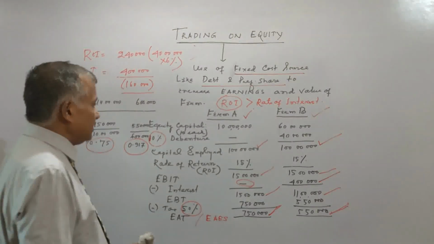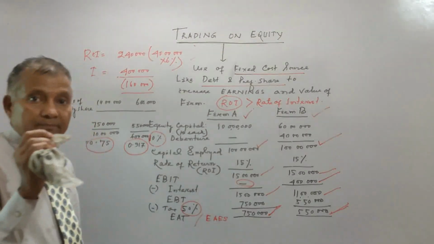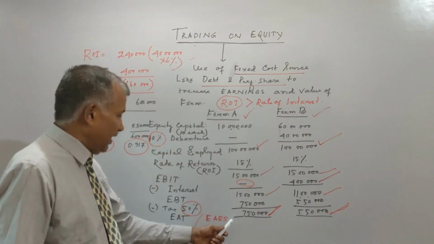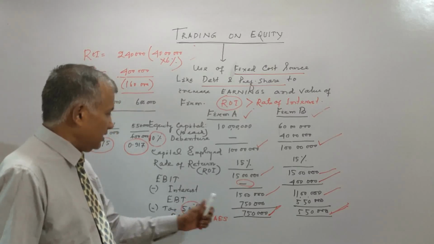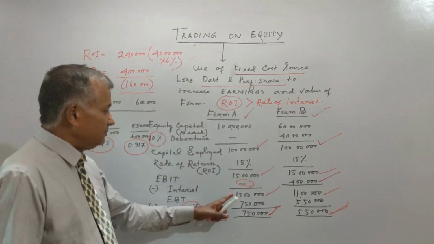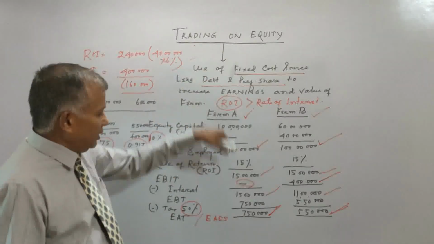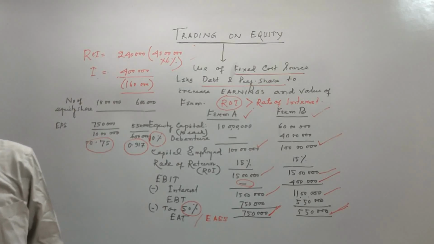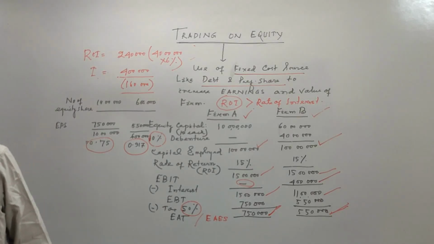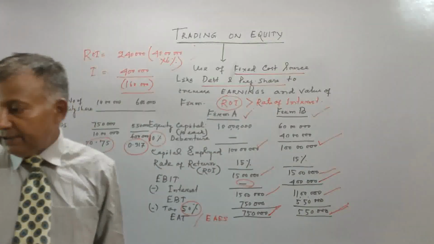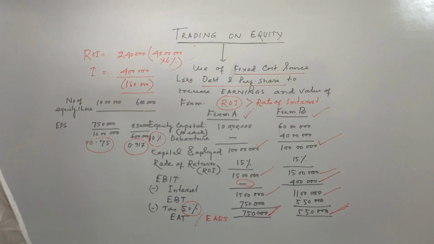This in turn is your degree of financial leverage, that is EBIT divided by EBT, earnings before tax. So trading on equity is sometimes called earnings on equity, that is your degree of financial leverage. This is most important.